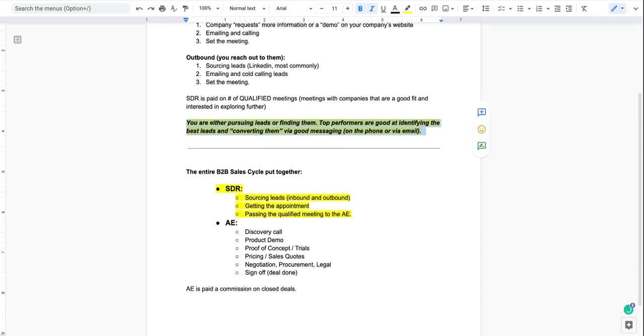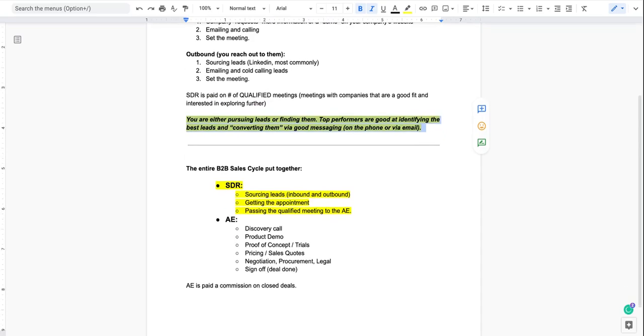And then I wanted to really dumb it down or simplify it even further. Basically, you are either pursuing leads or you're finding them as an SDR. And the top SDRs are really good at identifying the best leads and converting them via good messaging.